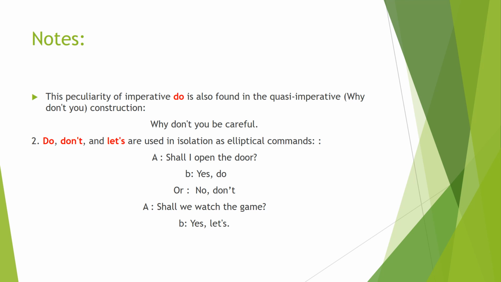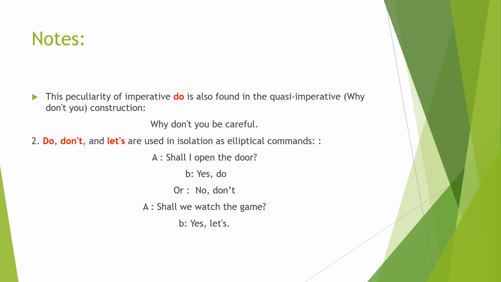But are we asking? No. We are actually trying to say be careful. This is a quasi-imperative. It has some sort of similarity to imperative. Only the form is a WH question, but the meaning is imperative, making a command. That's why we didn't put a question mark at the end.